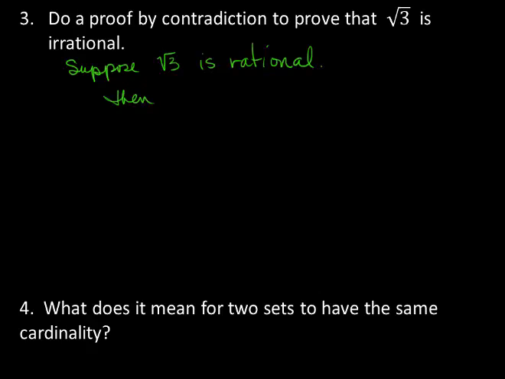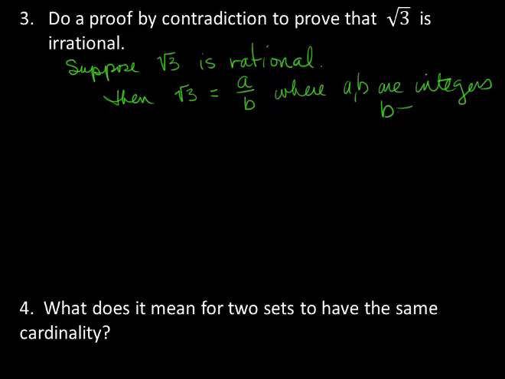I could say the square root of 3 is equal to a quotient of two integers, a over b, where a and b are integers, and we know that b is not 0. All right, so the main thing is the square root of 3 is a fraction.